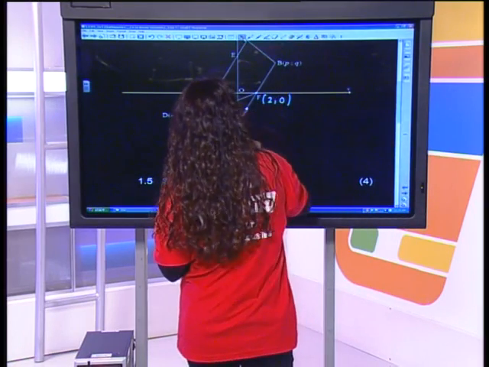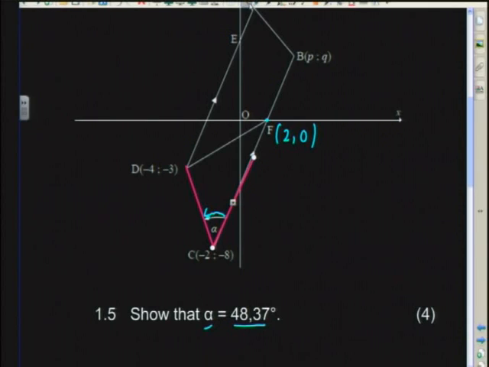Okay, so I'm going to extend this line CF so that it crosses. Okay, so you can see it quite clearly. It's just joined up to point B. And then similarly on this side, I'm going to take CD so that it cuts the x-axis.